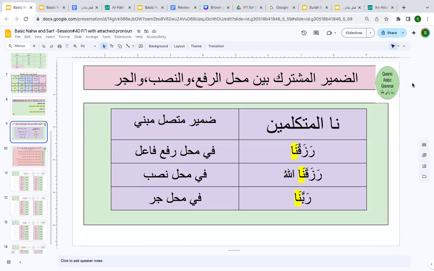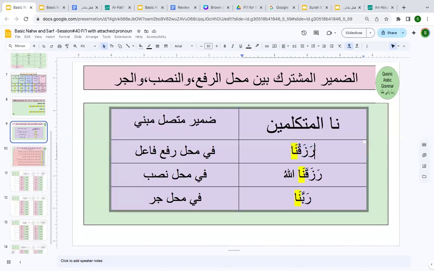Let me rephrase my question. Where do you see any inbuilt pronoun in the fail? The na is the pronoun, right? Na is the pronoun. Razaqa means to provide.